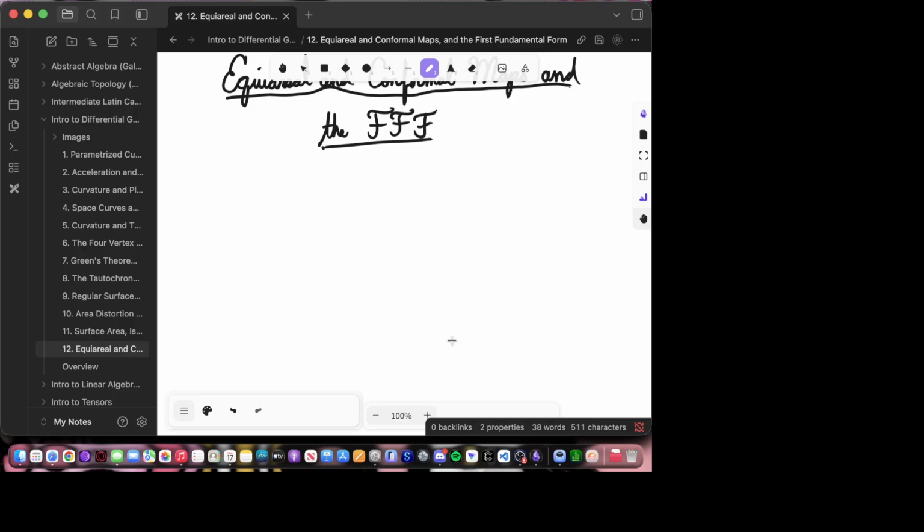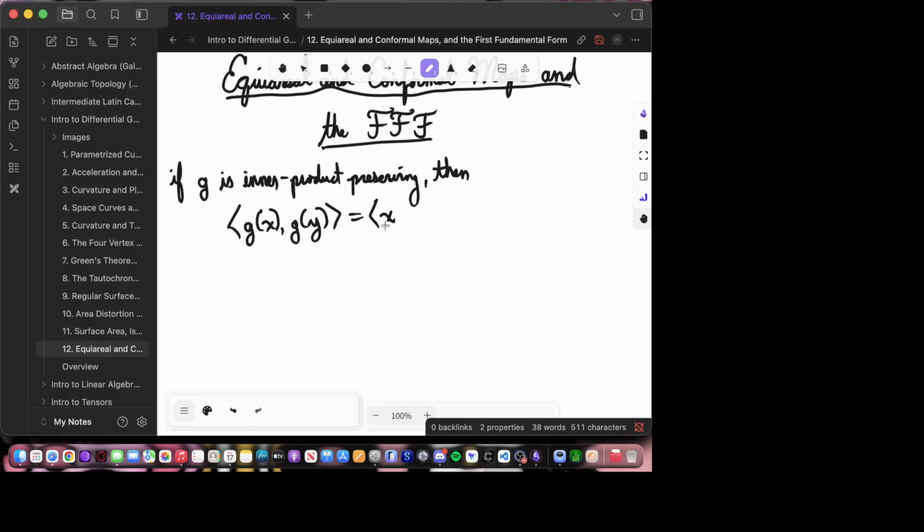So, we're going to start with a map G. If G is inner product preserving, then the inner product of G of x and G of y is equal to the inner product of x and y.